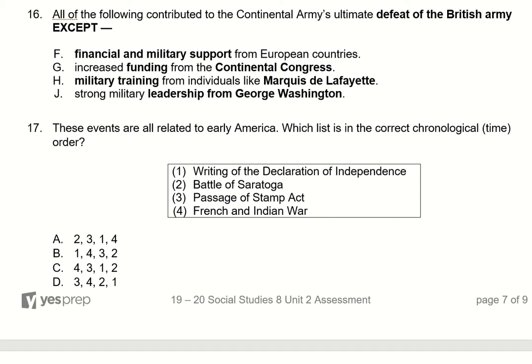A. 2, 3, 1, 4. B. 1, 4, 3, 2. C. 4, 3, 1, 2. D. 3, 4, 2, 1. Pause to choose your answer.